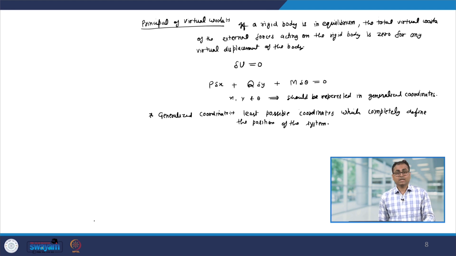Okay. For example, for a simple pendulum, the generalized coordinate is theta and the degree of freedom is 1. We then studied the stable and unstable equilibrium.